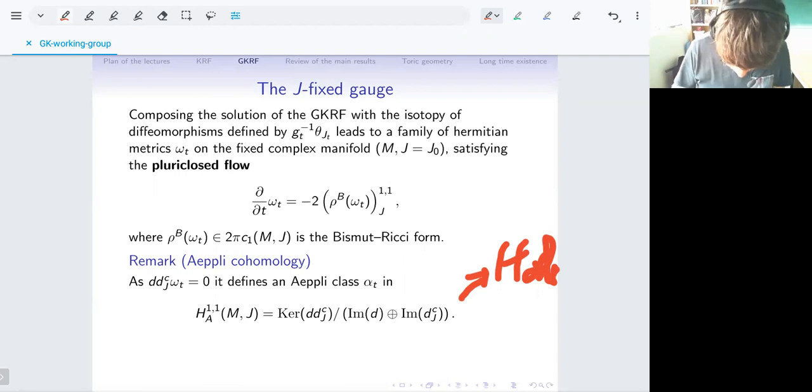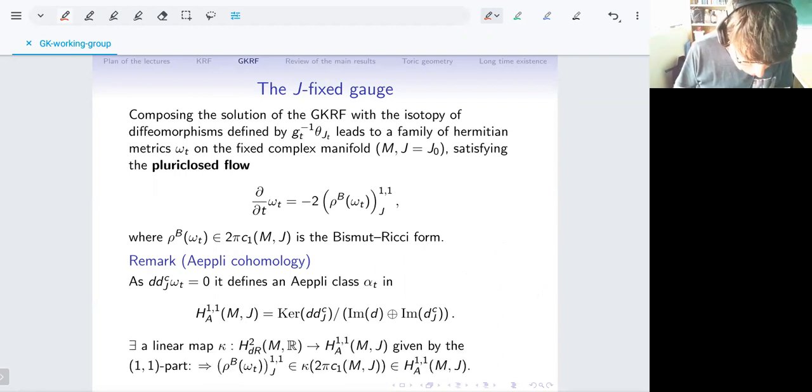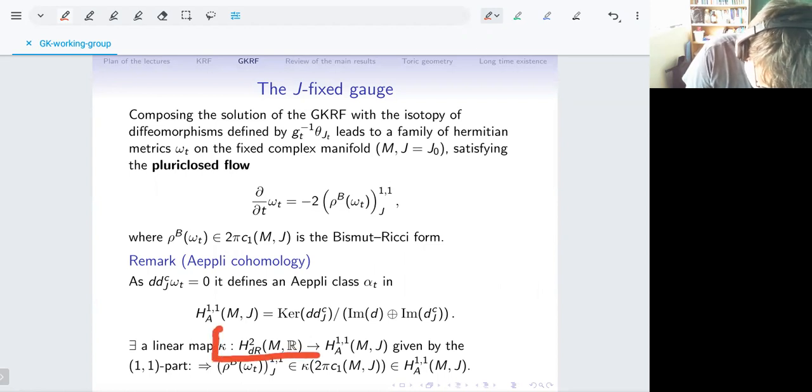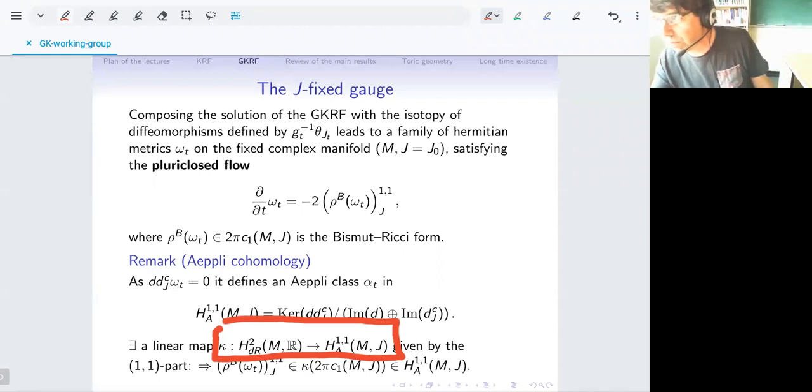So this group is finite dimensional, and moreover, what you could see immediately, it's a simple observation, is that there is a map from the second de Rham cohomology to this H^{1,1} of these spaces, and this map is very natural. You take some representative of a de Rham class, a closed two-form, and you take the (1,1) part of it. If you play with the fact that the initial form was closed, you can see immediately that this projection to the (1,1) part will be ∂∂-bar closed.